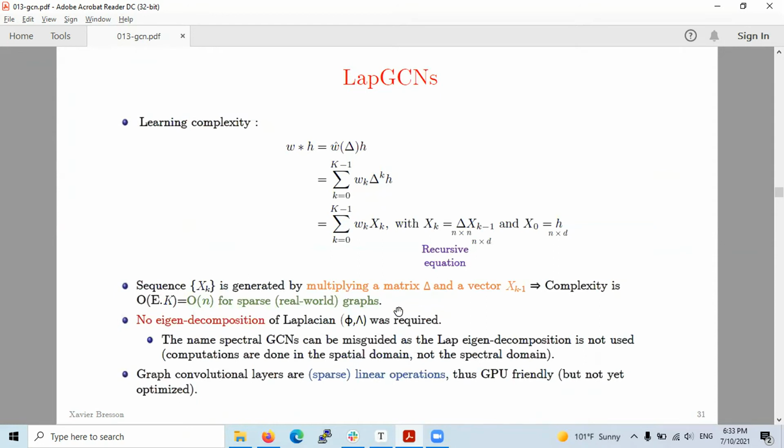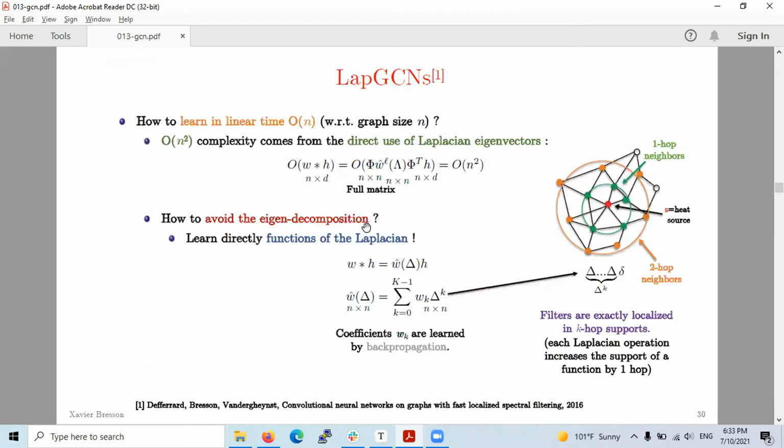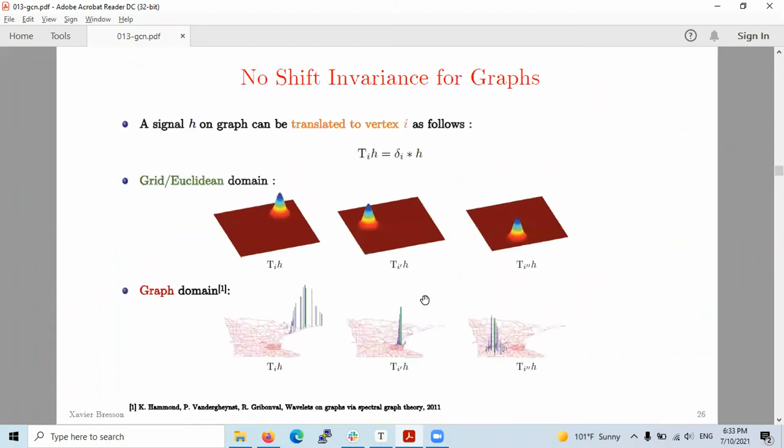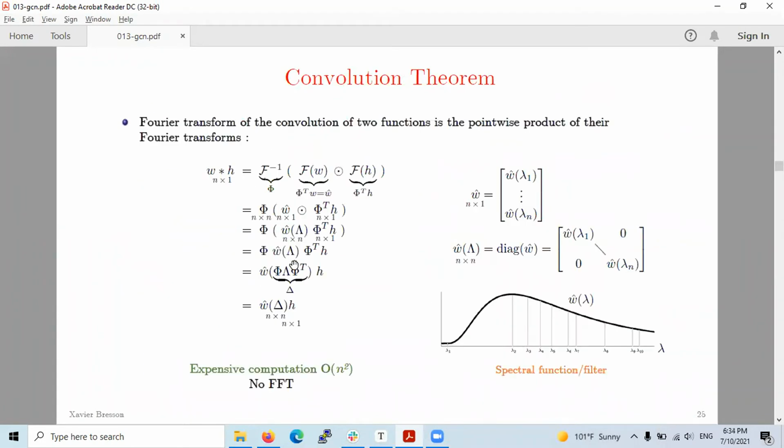Also, as we have seen, if you remember, when the Laplacian was decomposed or factorized in this section, it was a combination of eigenvectors and eigenvalues.